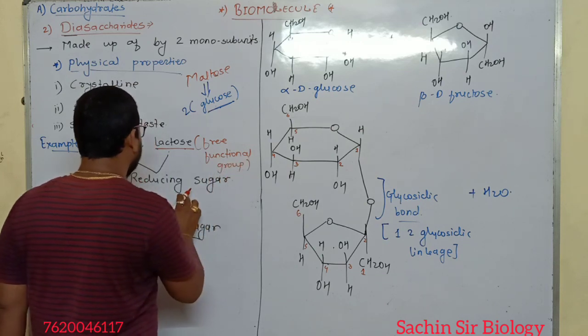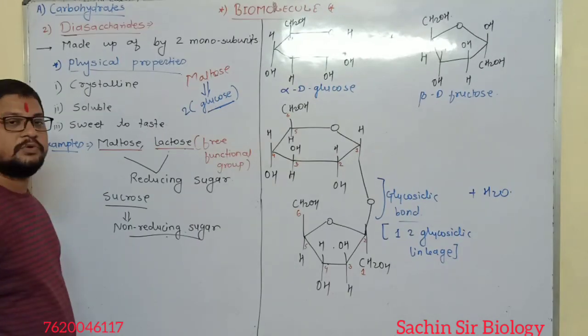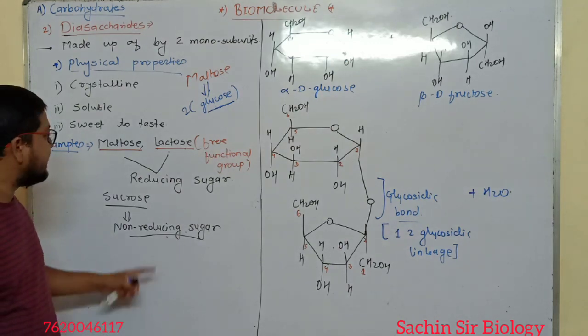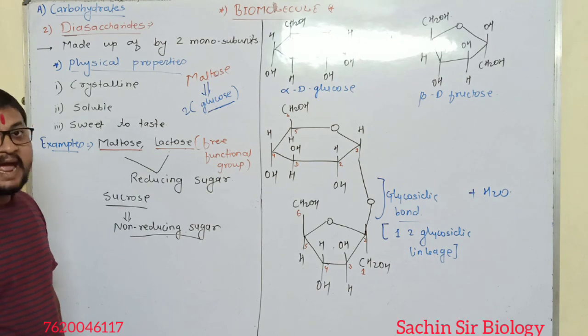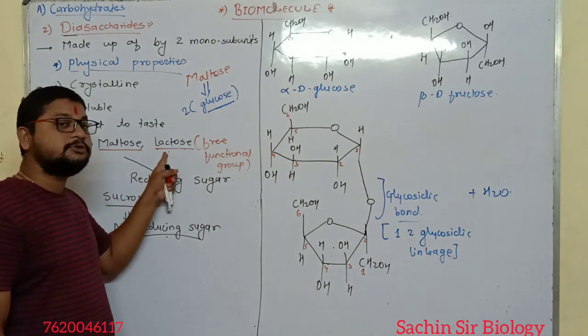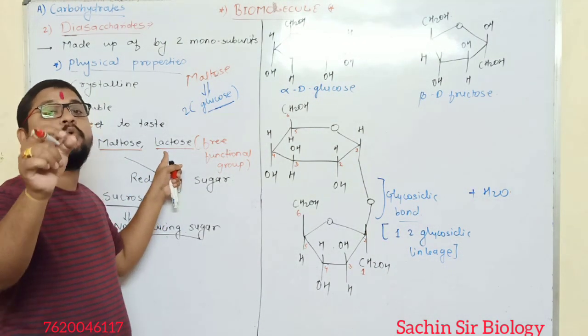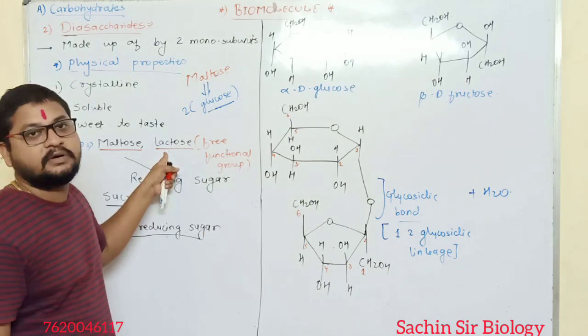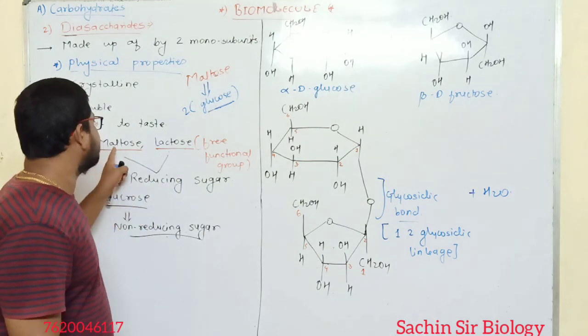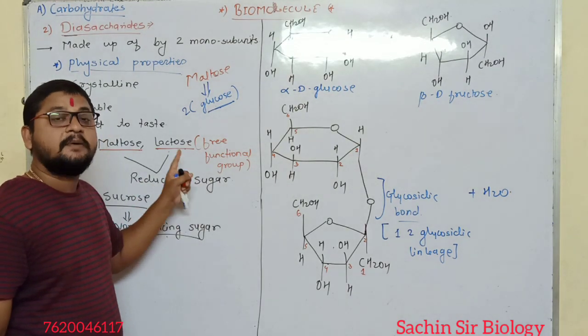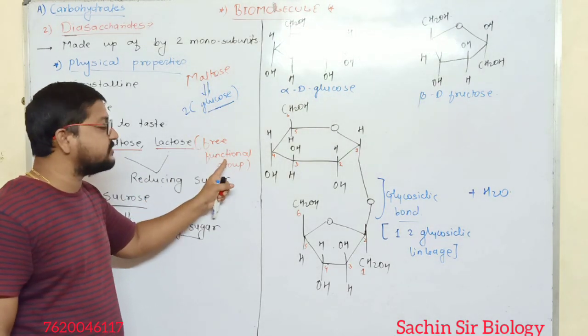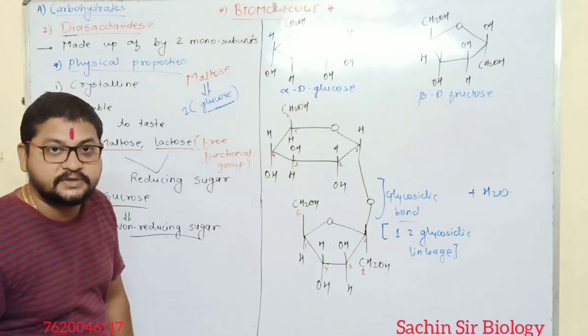That's why it is called a reducing sugar. It means they act as a reducing agent and are capable of donating hydrogen to other compounds, that is called reduction. Hence maltose and lactose are called reducing sugars, because they contain a free functional group after the formation.